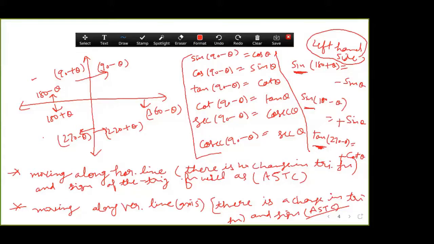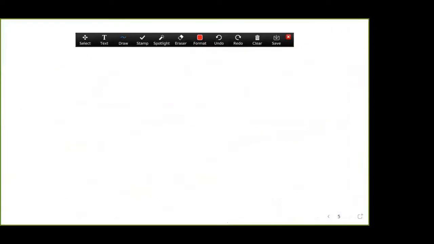If we do one question according to exercise 3.2, these concepts of conversions are very important. Learn these concepts and the tables which I have told you. Suppose in example number 6, cos x is given to you as minus 3 upon 5.